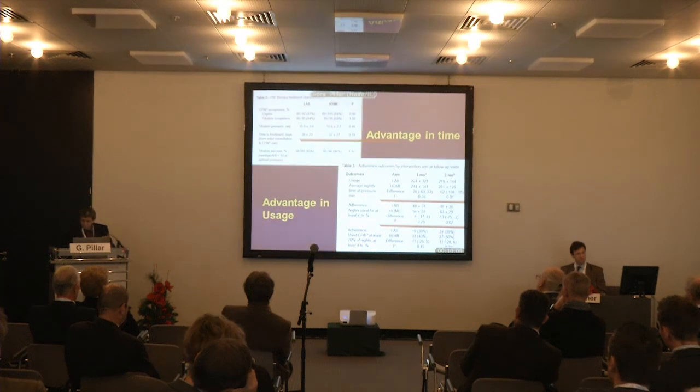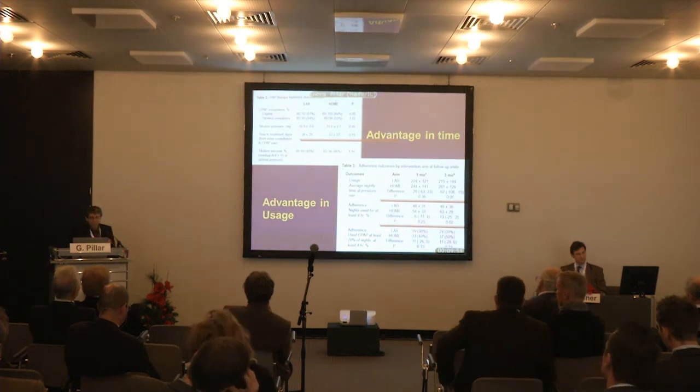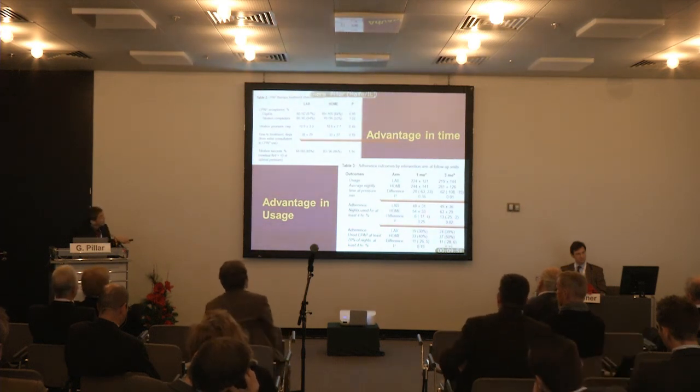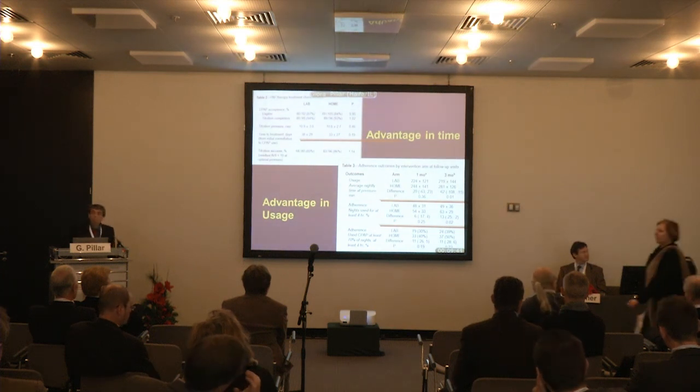I can't see it from there, but the usage, you can see that in those who were studied in the lab, it was 219 minutes per night, as opposed to 281. So those in the home arm and the CPAP titration at home improved by more than an hour.